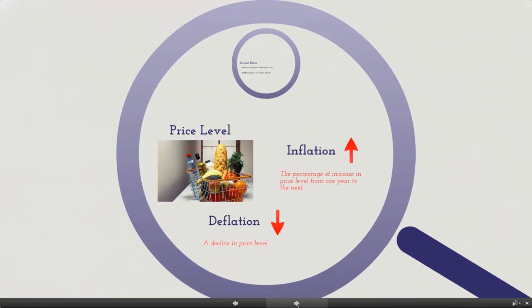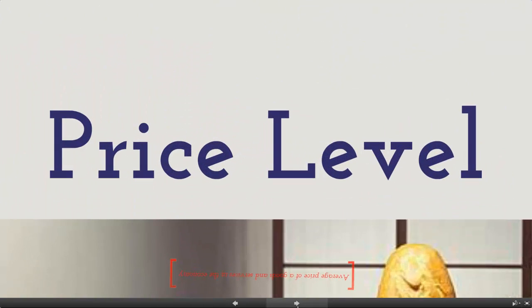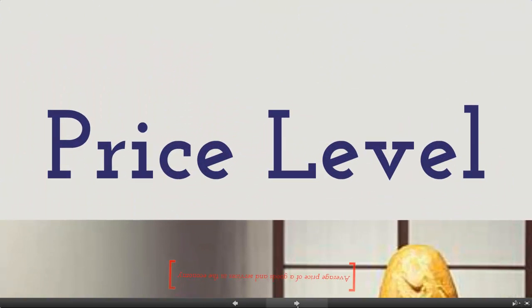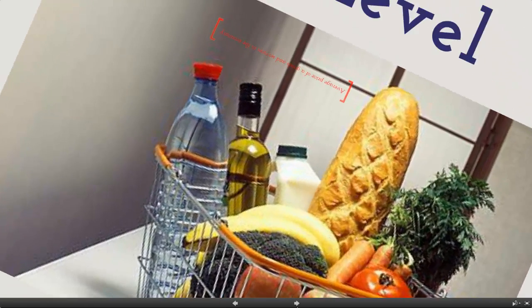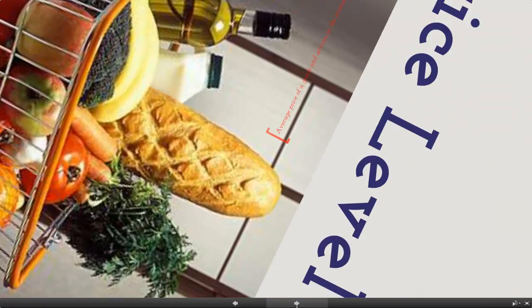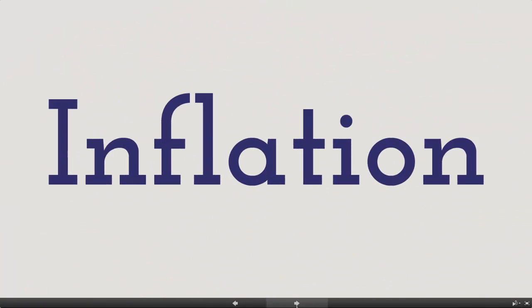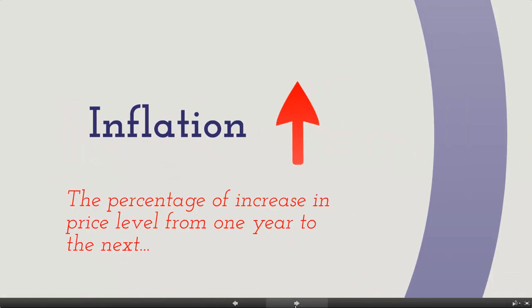So now let's talk about price level. What is price level? It's an average basket of goods, right? So it is the average price of goods and services in the economy. Why does this matter? Well, we could have something called inflation. Inflation is a percentage increase in price level from one year to the next.